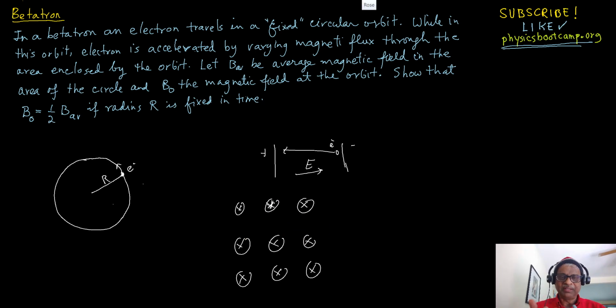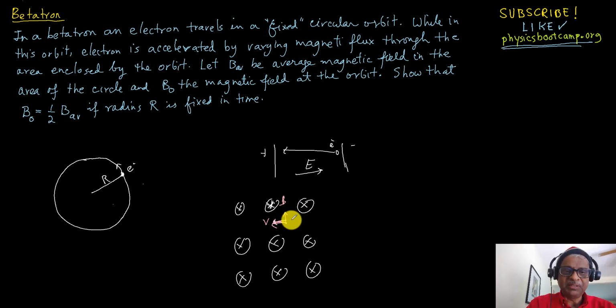Using the right hand rule, if the electron is coming this way, the velocity is this way and this is the B, then you go left, go down, that means the force will be up.